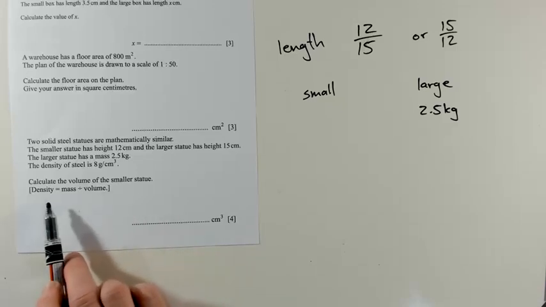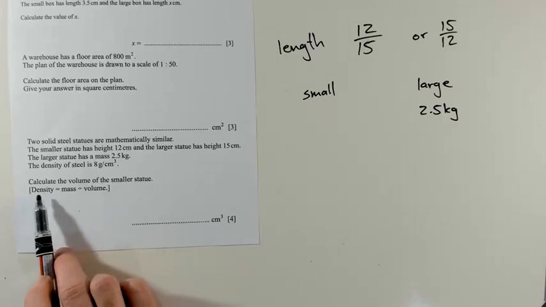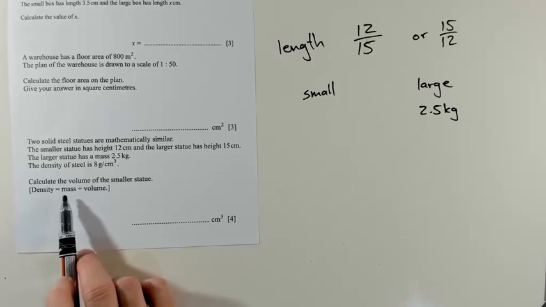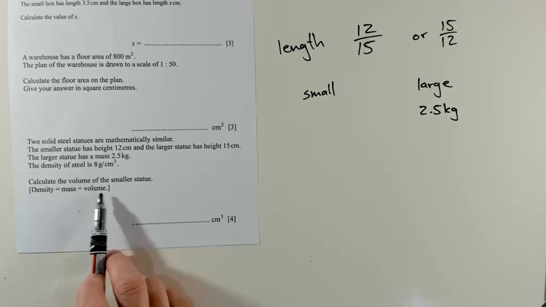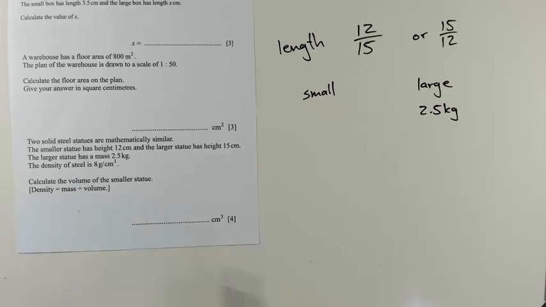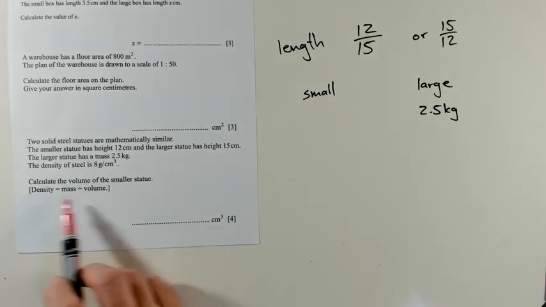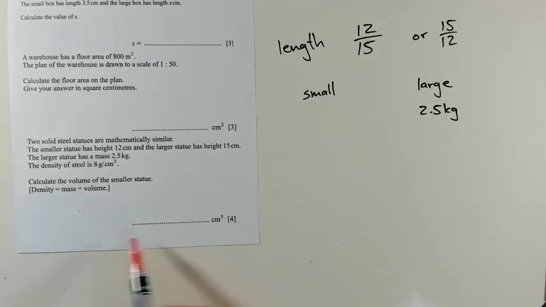Oh dear. Okay, so for the larger statue, because both are made from steel, the density would be the same. And the mass of the larger one I have. So instead of them giving me the volume straightforward, I'm going to have to work out the volume using this equation.